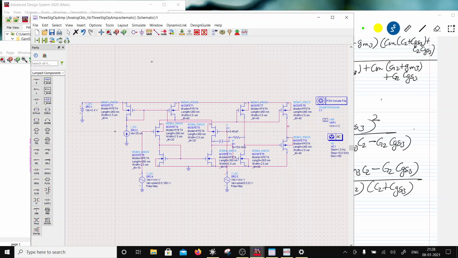Now, that completes our treatment of common drain amplifier, and we have a 3-stage op-amp. Next, I'm going to use these op-amps to design some circuits in the next session onwards. And as there is a requirement, I'm going to modify this op amp to be something different, right?